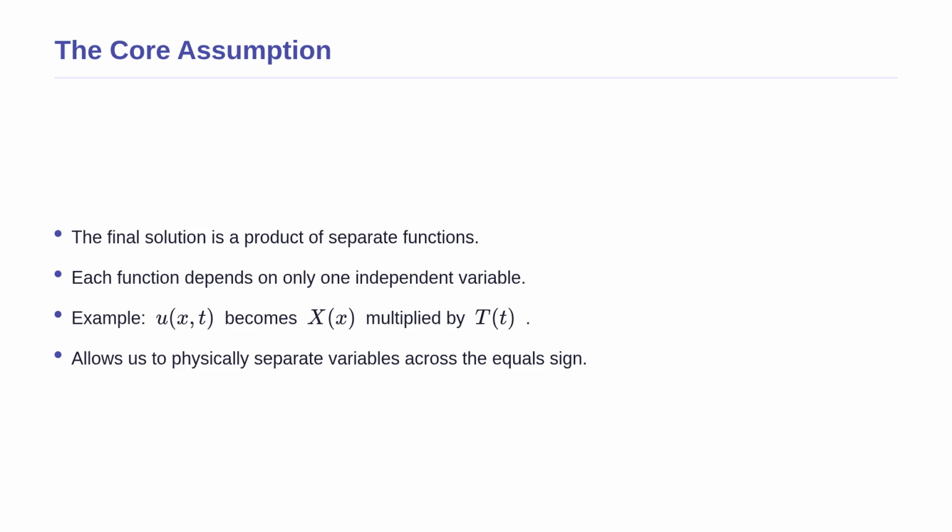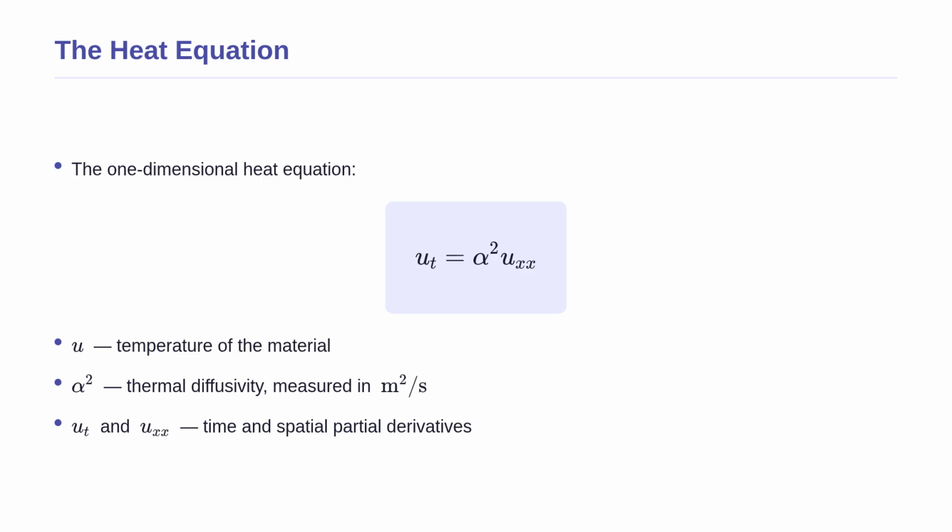For instance, if a function depends on position and time, it becomes a position function multiplied by a time function. By substituting this product back into our original equation, we can physically separate the variables onto different sides of the equal sign.